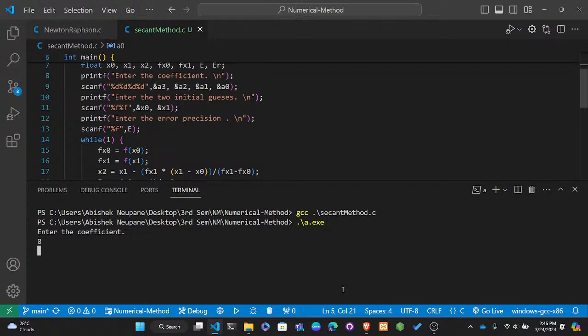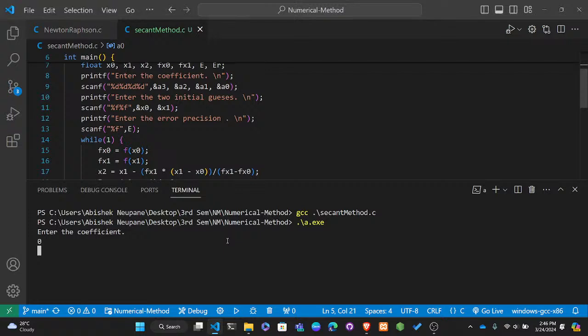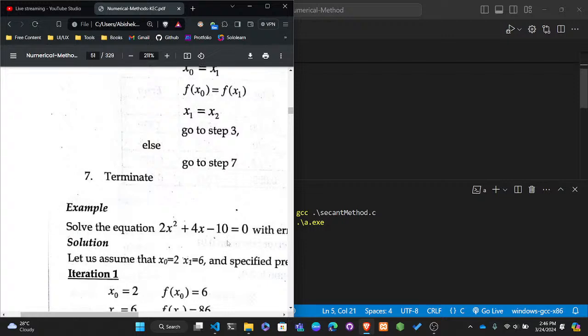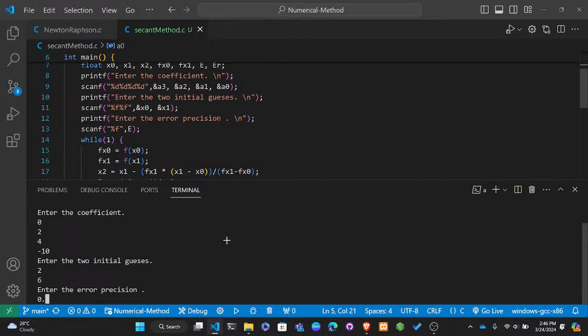I just forgot. 2, 4, minus 10. Initial guesses are 2 and 6. Error is 0.05.